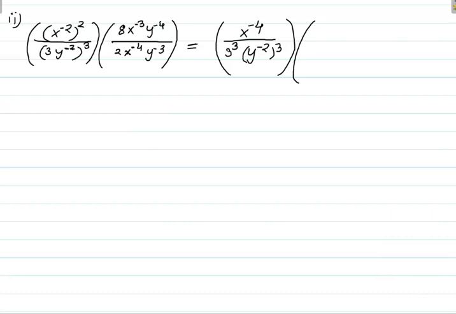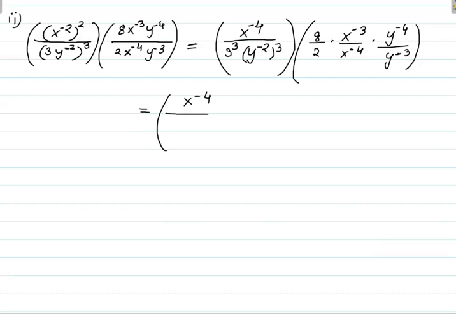And for the second parentheses, it's better to separate and write like terms together. x raised to negative 3 over x raised to negative 4, y to the negative 4 over y to the negative 3, like this. x raised to negative 4 on the top, and simplify the terms in the bottom. 3 raised to 3 gives you 27, times y to the, here we apply the power of a power rule, negative 2 times 3 gives you a negative 6, and you can simplify these terms.